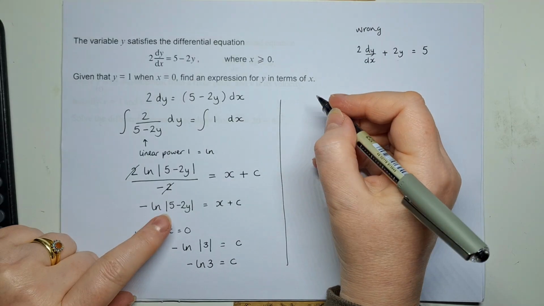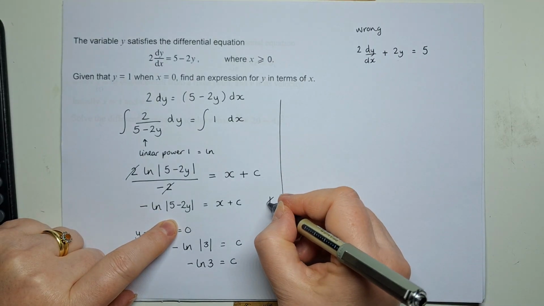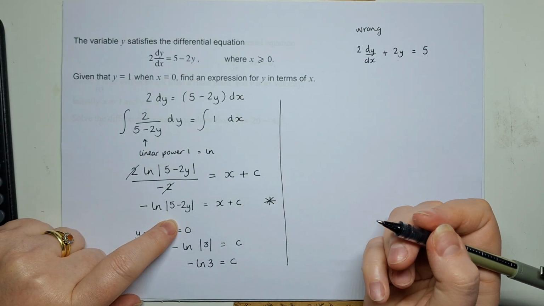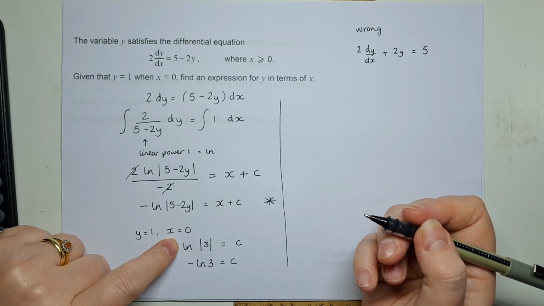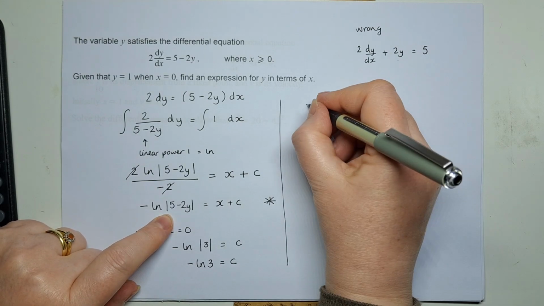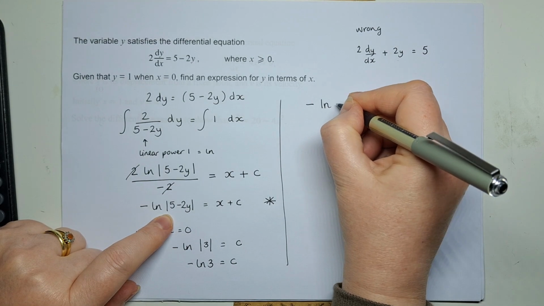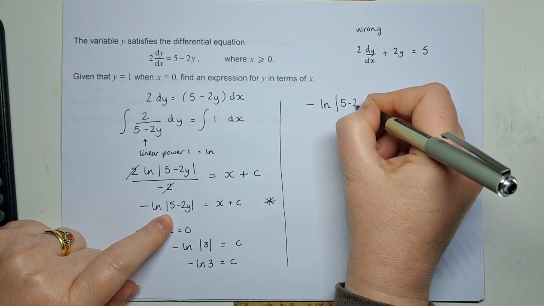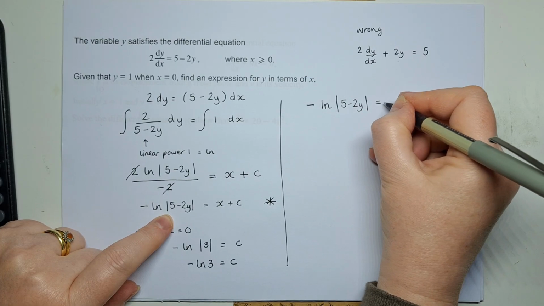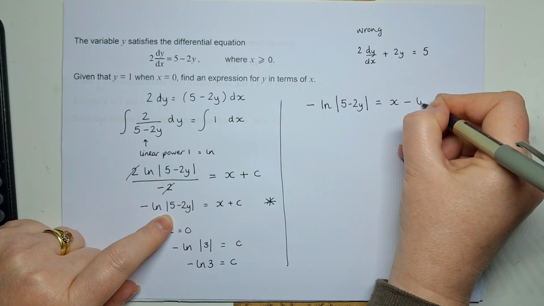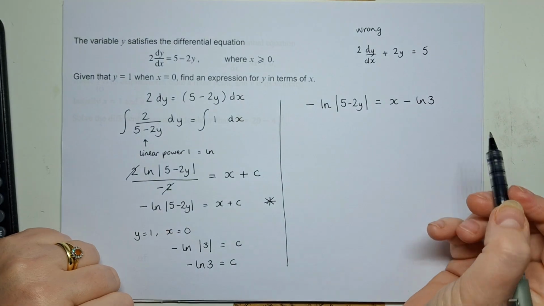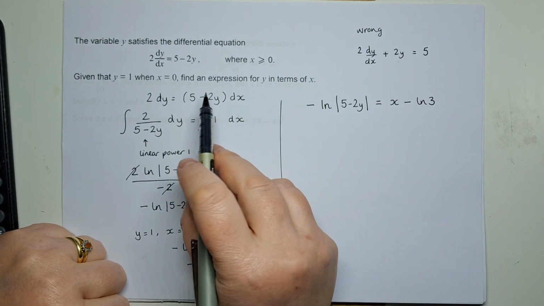Okay, so we come back to the line here where we were just before I subbed in to find my constant, and I'm going to write that and then include my constant, which is negative ln 3. So we get to this.